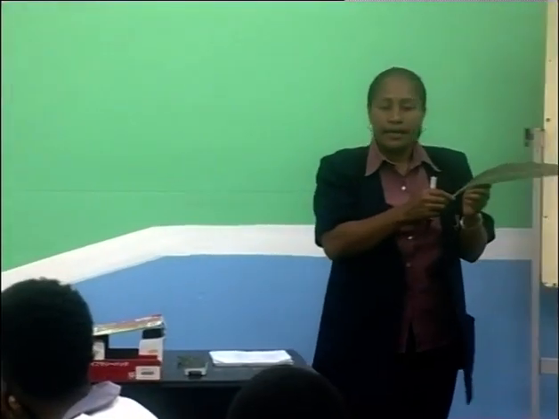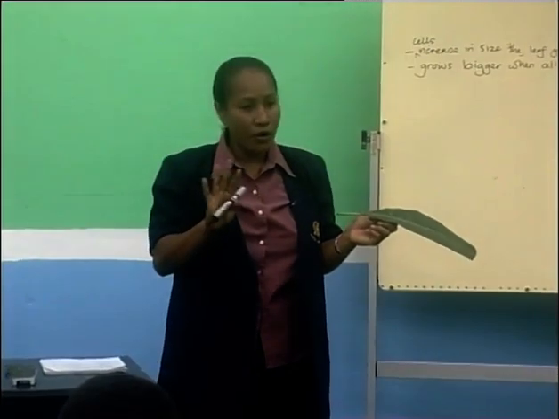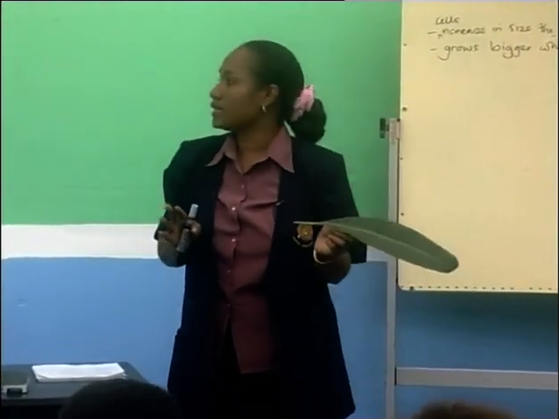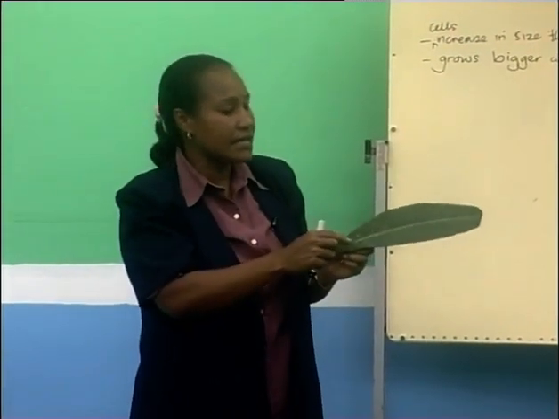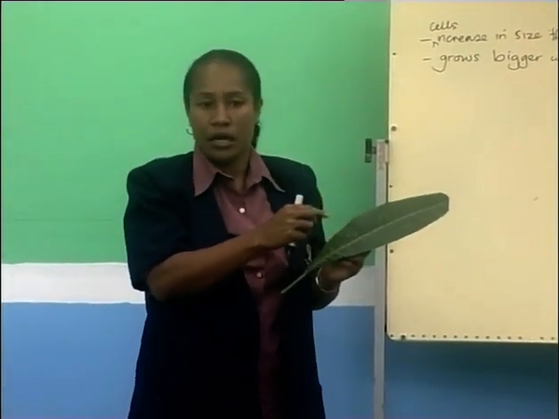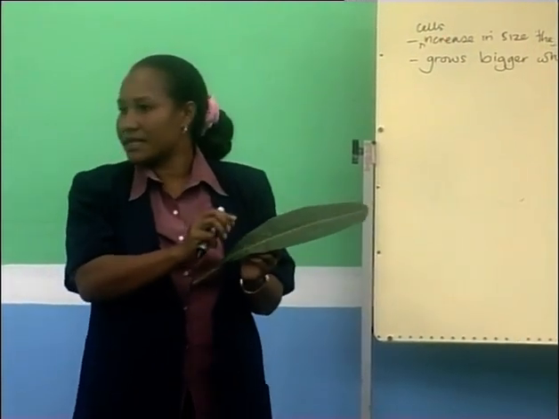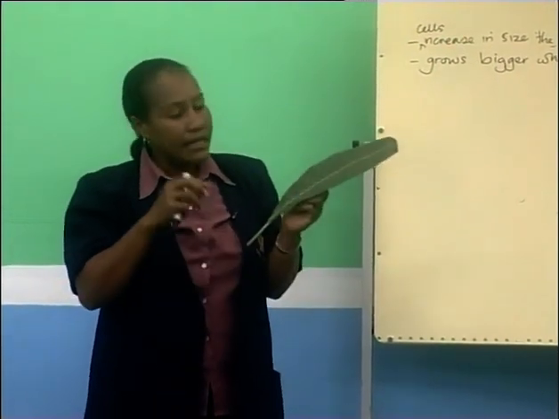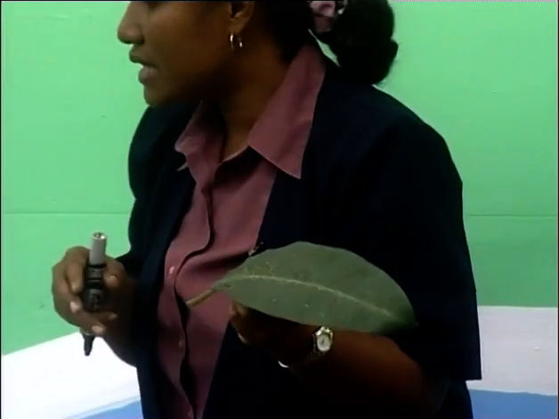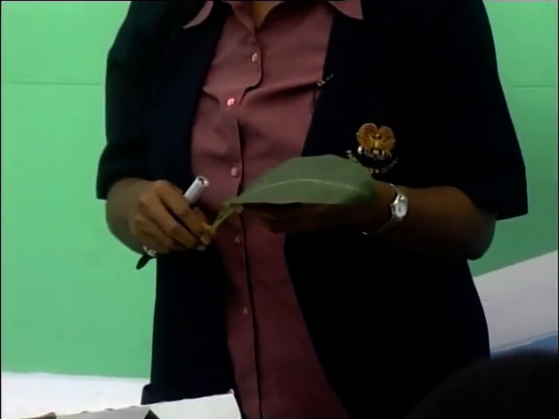Anyway, so we will see that the first question is not correct. The cells won't increase in size. If the cells increase in size, you will actually see the cell wall, the nucleus, the membrane, what else, the parts of the cells, you will clearly identify them. But the cells did not increase in size, whereas the cells increase in only numbers.